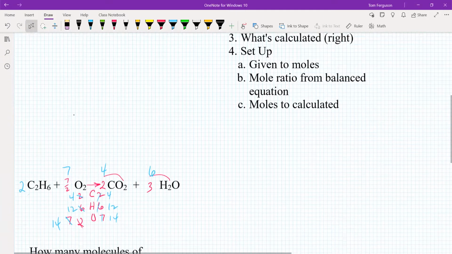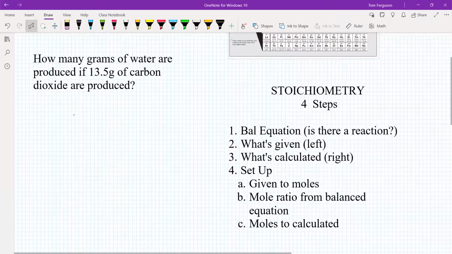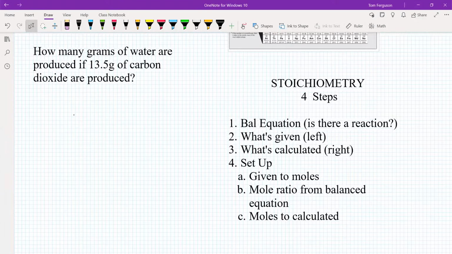Let's go back up to the original problem. It says, how many grams of water are produced if 13.5 grams of carbon dioxide are produced? What's given? We go to the number. And what's associated with the number is grams of carbon dioxide.